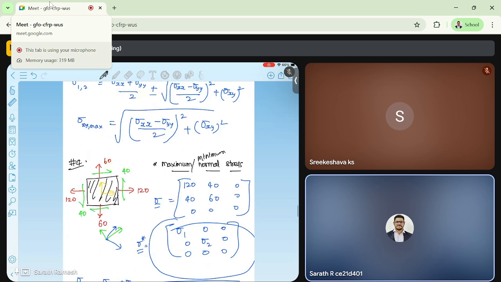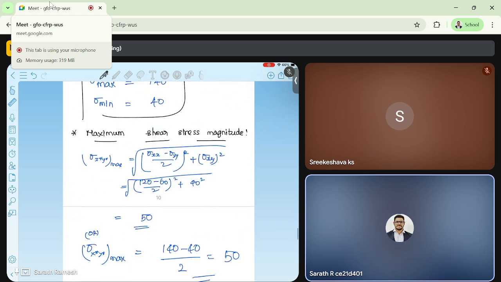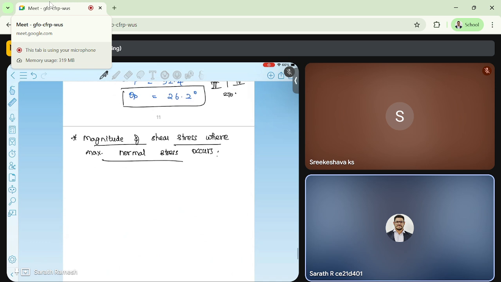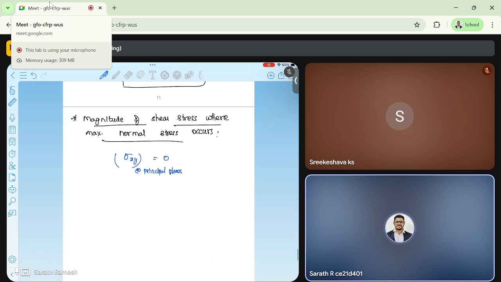So when we substitute that, we'll get the shear stress as 0, because in the plane of maximum normal stress, the shear stress directly goes to 0. Sigma xy is equal to 0 at principal planes. Okay. This is direct for any problem.